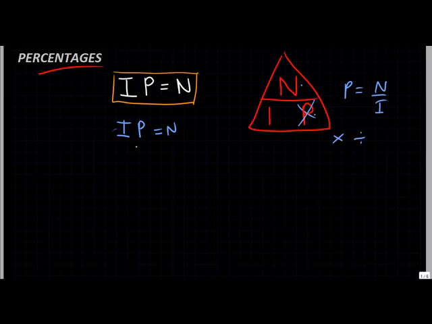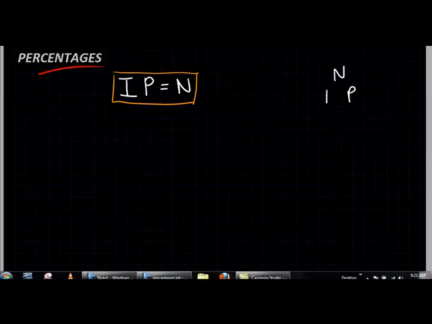So to get rid of the P, you divide both sides by P, N divided by P. And similarly, if you want to get the P on its own, what's hooked into the P is multiplied by I. So do the opposite, dividing by I. This is really elementary algebra, but those give you the same rearrangements as what this NIP triangle does. So we'll just look at some practical problems.